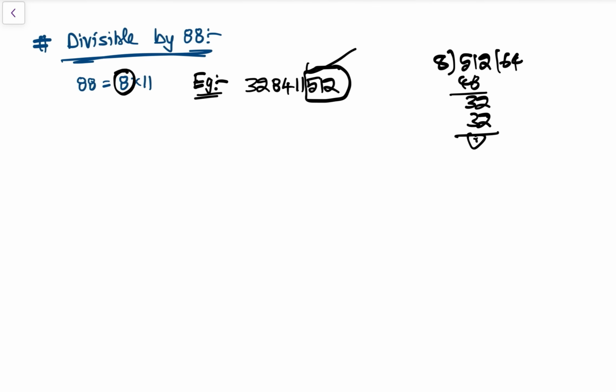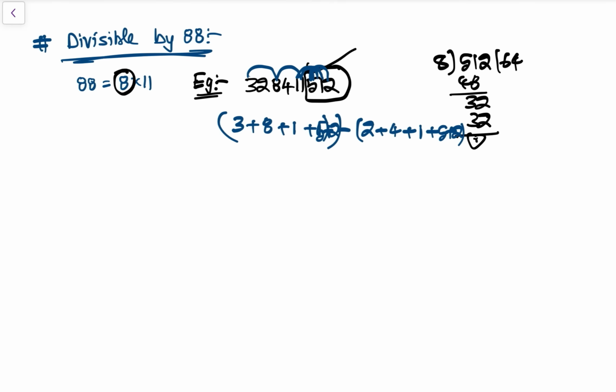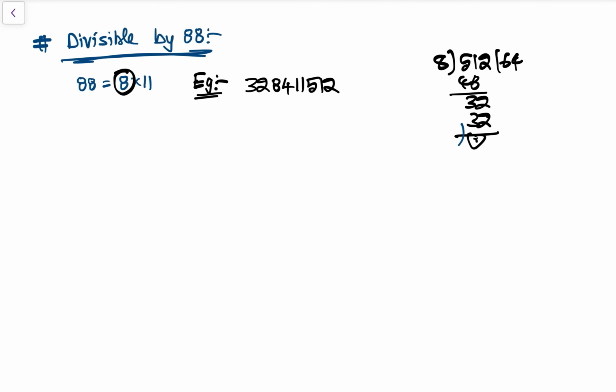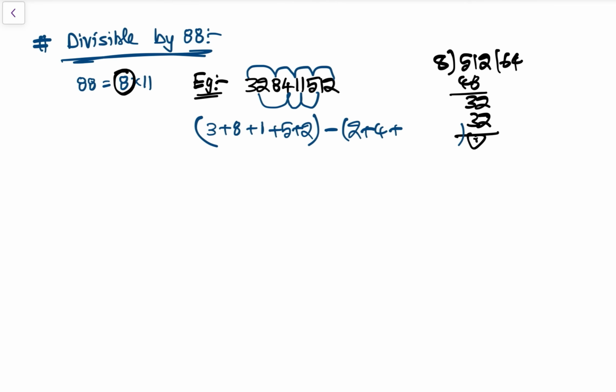Then divisible by 11. So what is the rule for 11? See, odd place digits: 3 plus 8 plus 1 plus 5 plus 2, minus even place digits: 2 plus 4 plus 1 plus 1.